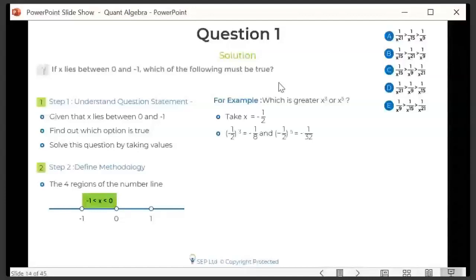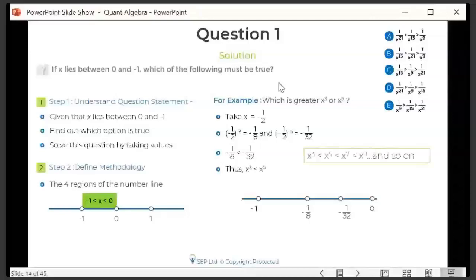And if you look at the number line, you'll be able to see that -1/32 is closer to 0. That means -1/32 will be greater than -1/8, or in other words, you can say that x cube, -1/8, is less than x to the power 5. Again, you can extend this learning and say x cube is less than x to the power 5, which is less than x to the power 7, and so on.